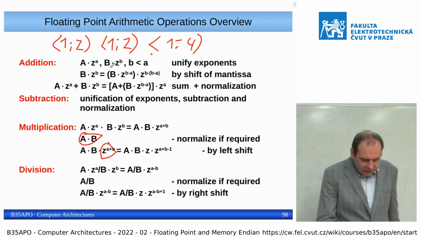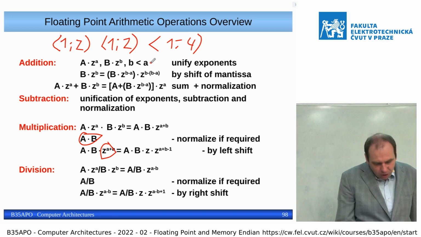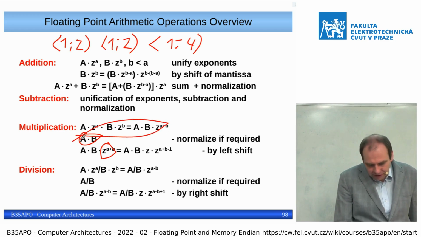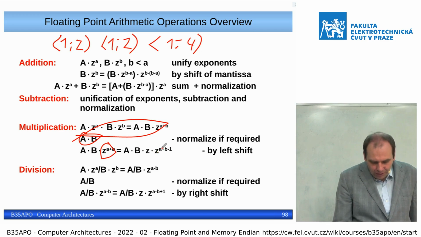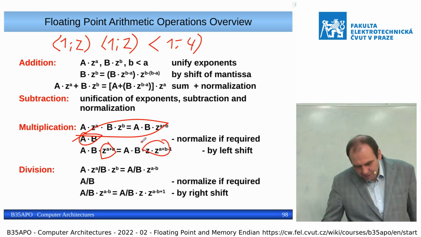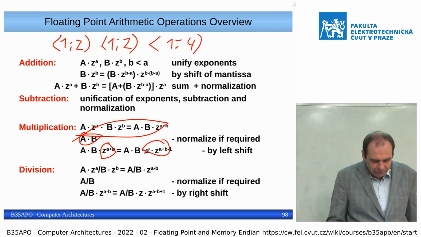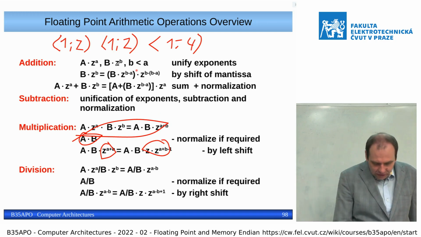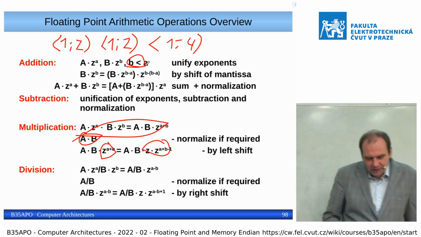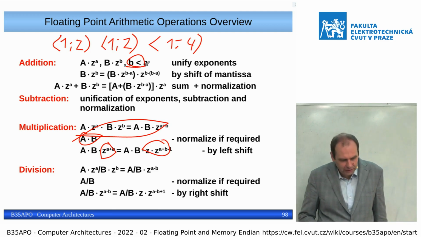So there is the addition. Again, addition is more complex in fact. For the multiplication, we can start multiplication directly, and if there is a problem, then in such a case, we need to shift it by 1. In the case of addition, basically, we need to find which of the two numbers has a smaller exponent.